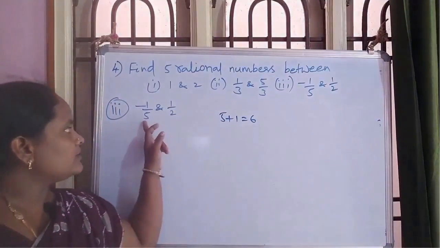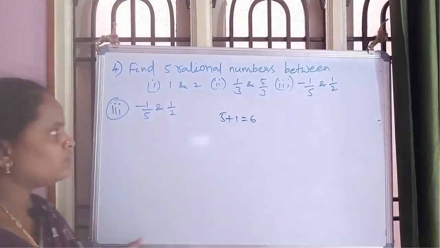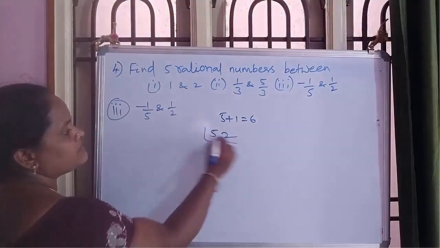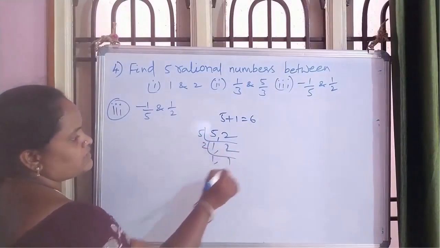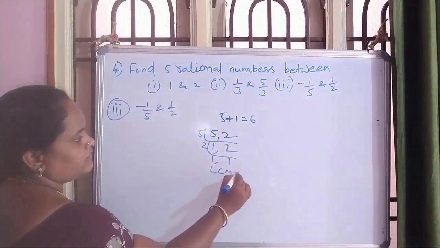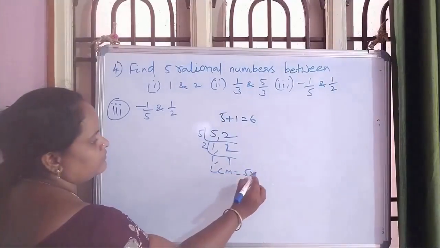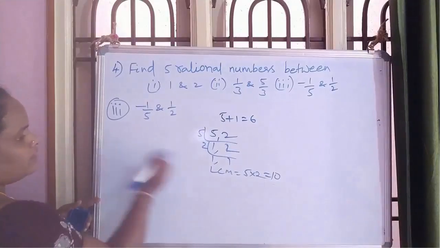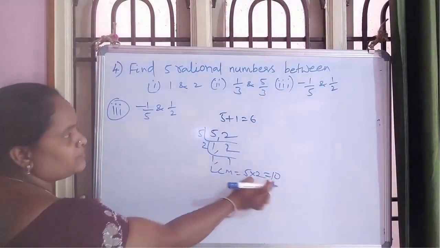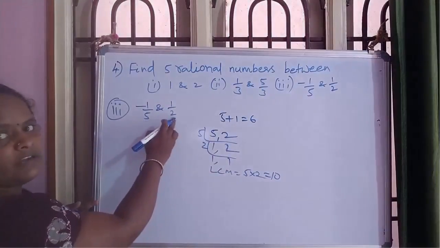See the denominators, 5 and 2, take the LCM of those. 5 and 2: 5 ones are 5, 2 ones are 2, so 5 2s are 10. LCM is 10. So that should be the denominator, 10 should be the denominator for both the given rational numbers.